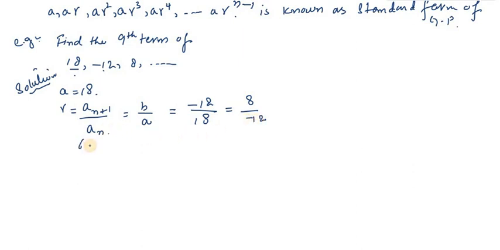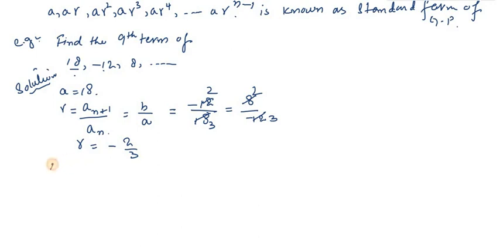So the ratio is minus 2 upon 3. So minus 2 upon 3 is the common ratio between the terms of the geometric progression.